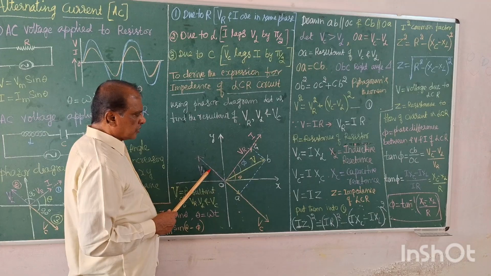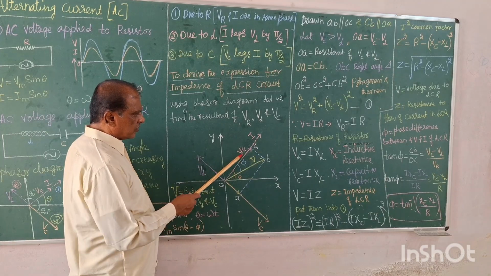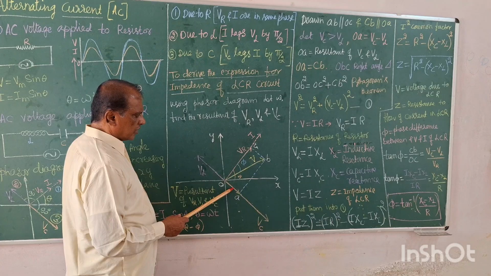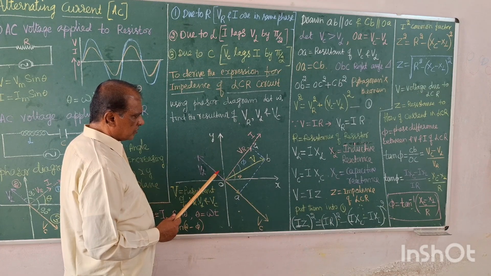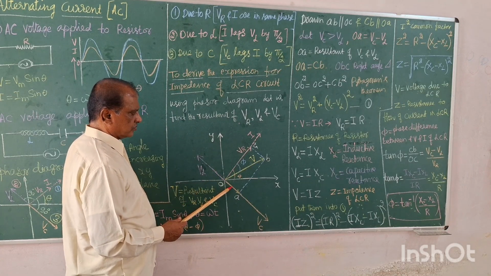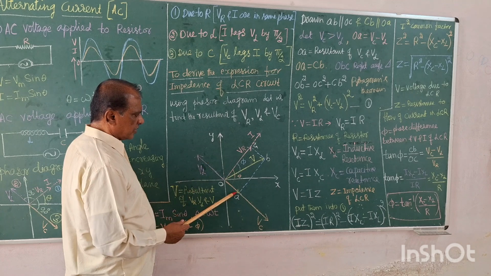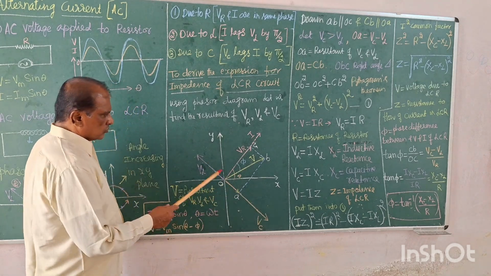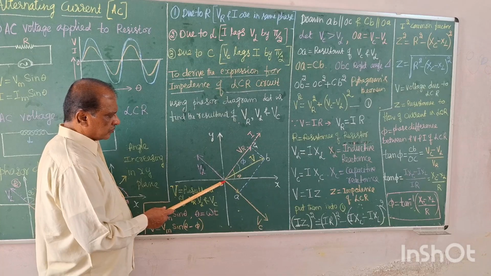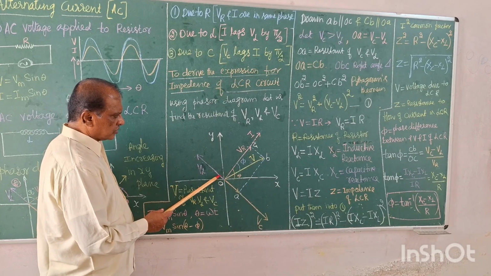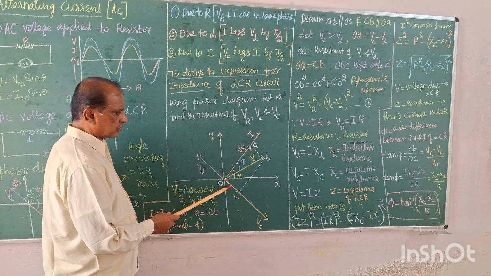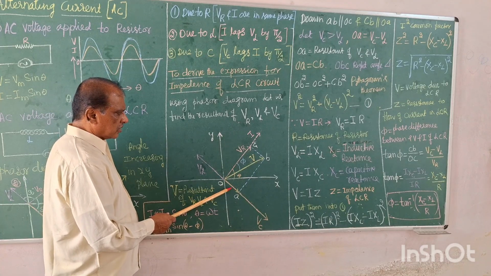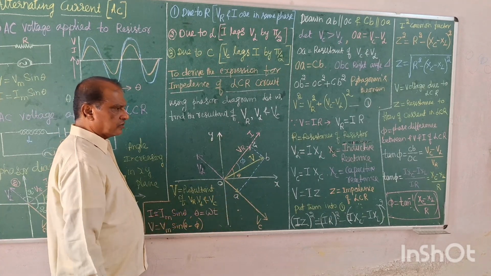It is not possible to find the resultant of all these three vectors simultaneously. Let us find the resultant of these two vectors first, because they are in the same line in the opposite direction. In the opposite direction, the resultant of these two is the subtraction, and the direction is the direction of the larger value.